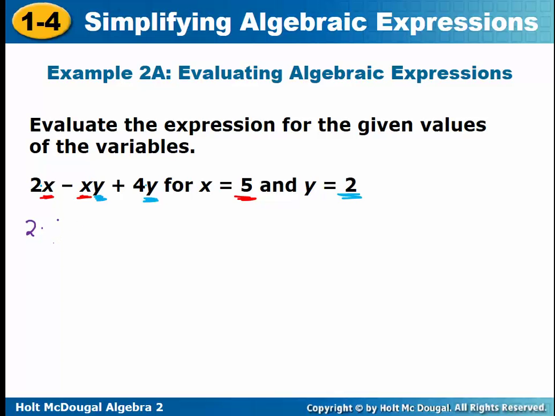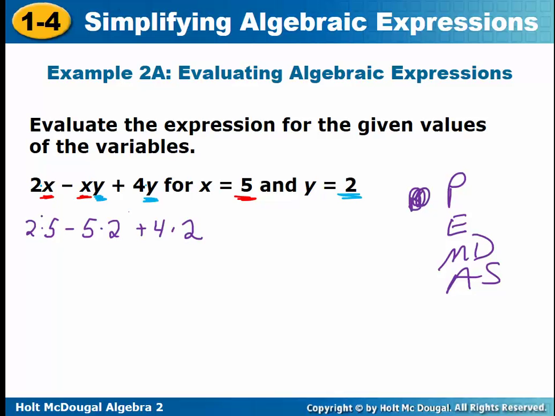So we're just going to go through first and replace each variable with what it's equal to. So x is equal to 5. y is equal to 2. There's another y is equal to 2. And then our next step is to simplify using, oops, not a B, a P. So is there any parentheses? No. Is there any exponents?